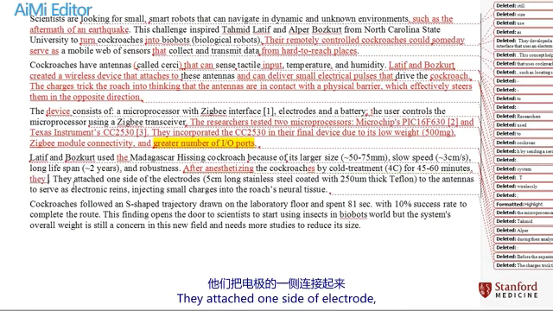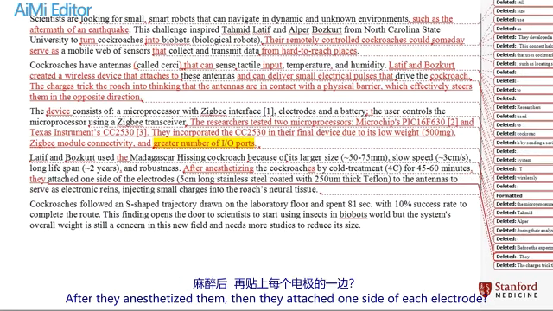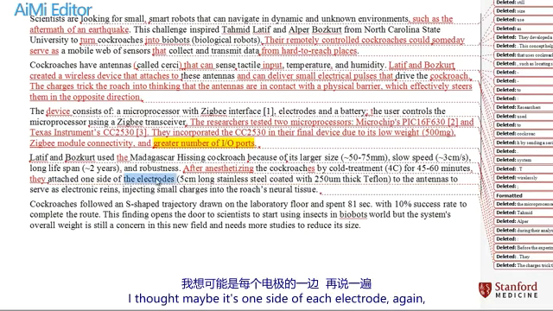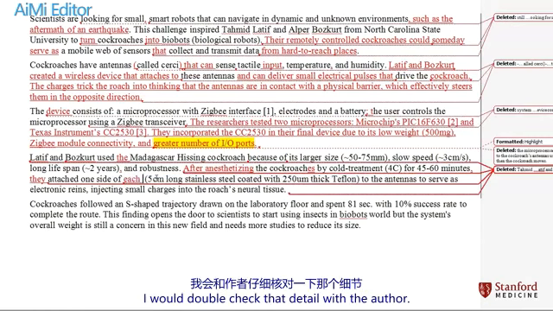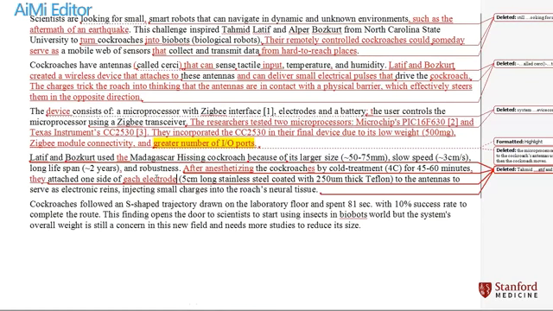So after they anesthetize them, then they attach one side of each electrode, maybe one side of the electrodes. I thought maybe it's one side of each electrode. Again, I would double check that detail with the author, but it sounds a little better to say one side of each electrode to the antennas.